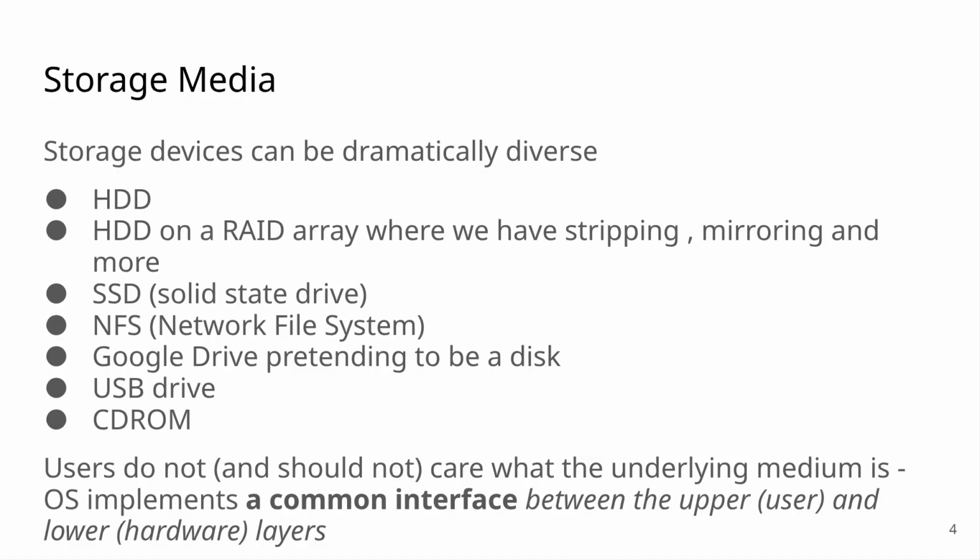And that is the idea of interfacing here. You create this common interface, and the operating system takes care of making the correct connections in that abstraction, and the user doesn't really care what the backend looks like.